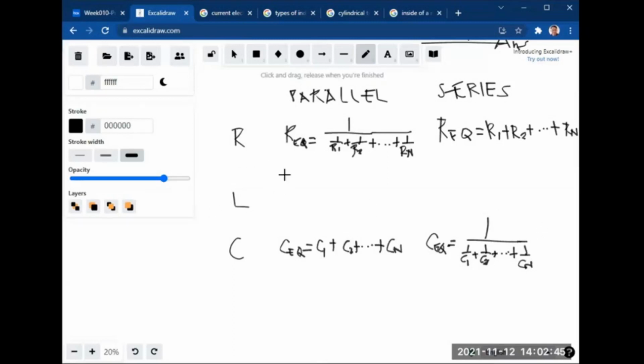While for the inductor, that is the same as the resistance or resistors, for the parallel and for the series. Only the capacitor is different among the three.